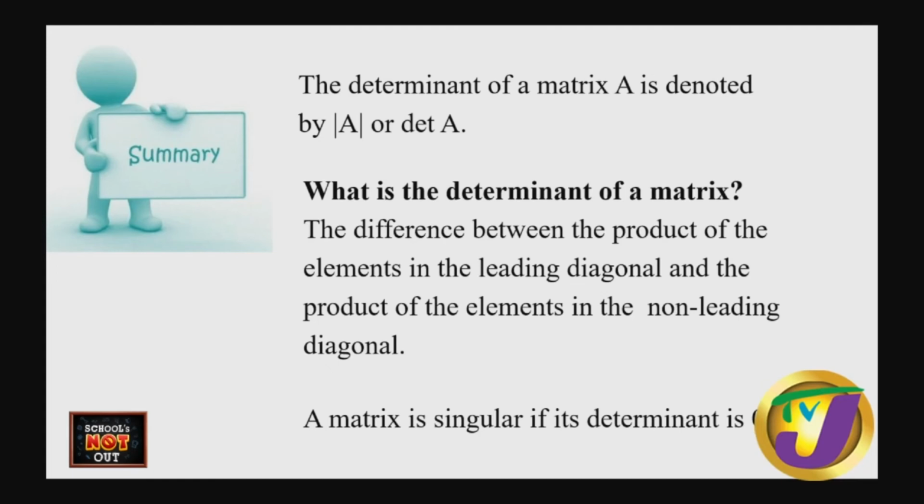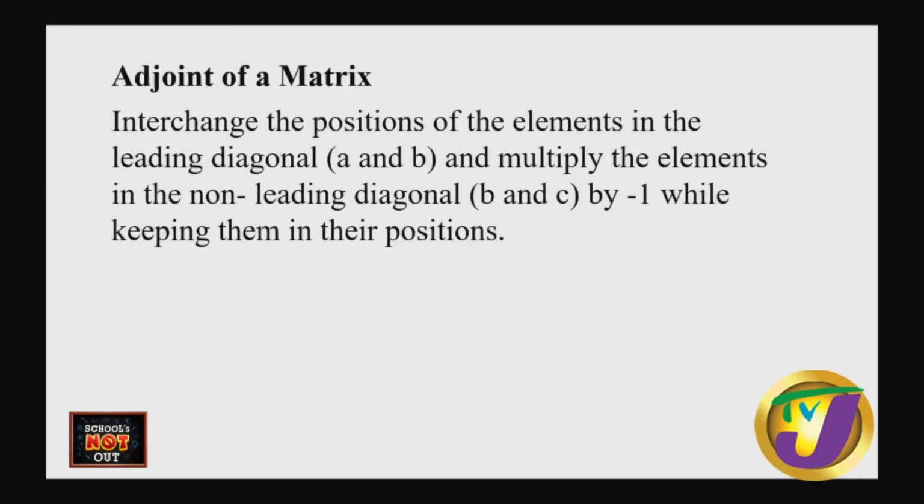That's right. And then now we also looked at the adjoint of a matrix. With the adjoint of a matrix, we interchange the positions of the elements in the leading diagonal and multiply the elements in the non-leading diagonal by -1 while keeping them in their positions, which means they're not going to move.